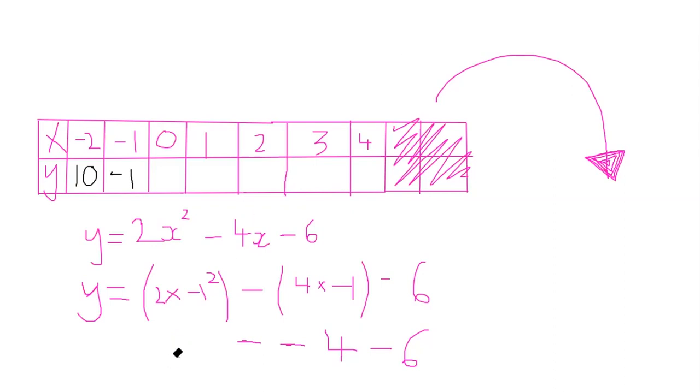Yeah. And then what was the other bit? 1 squared times 2 is 2. What does the calculator get? It gets 0 for some reason. Yes, okay, let's go with that.